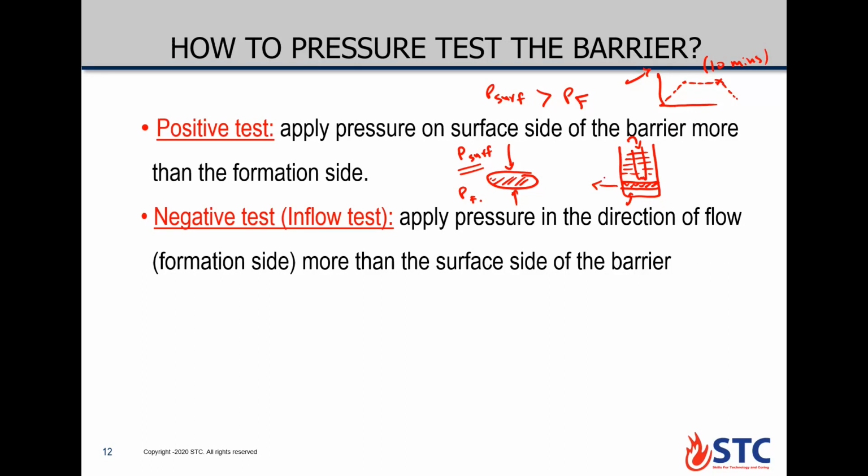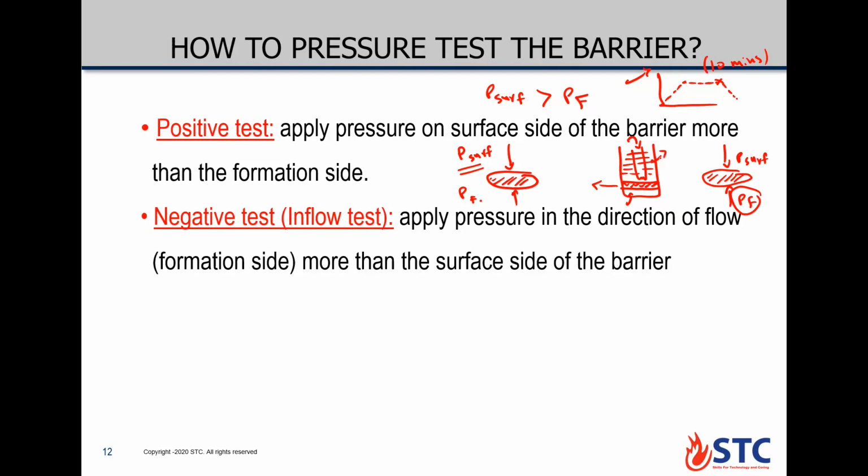So what about the negative pressure test? If we have the cement block here, same thing, we have two pressures: pressure from the surface side and pressure from the formation side. Here, vice versa, we allow the pressure from the formation side to be larger than the pressure from the surface side. So how do we make this happen? We displace the high weight fluid.